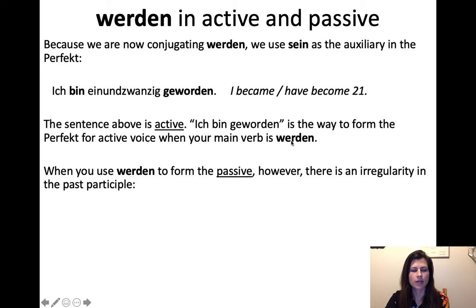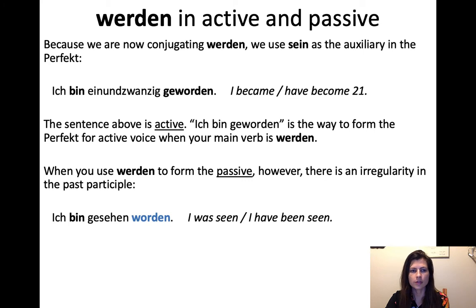And then we're going to try and flip it around and use the passive, but unexpectedly, this past participle changes. This is the only case where this happened. Otherwise, all the past participles are the same. So, ich bin gesehen worden is I was seen or I have been seen.